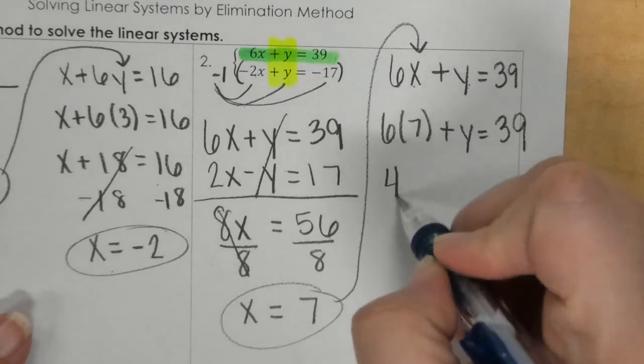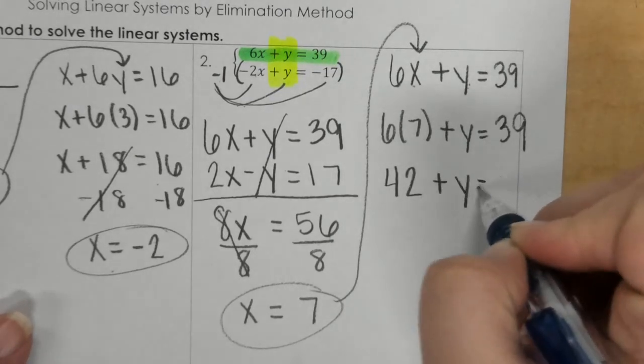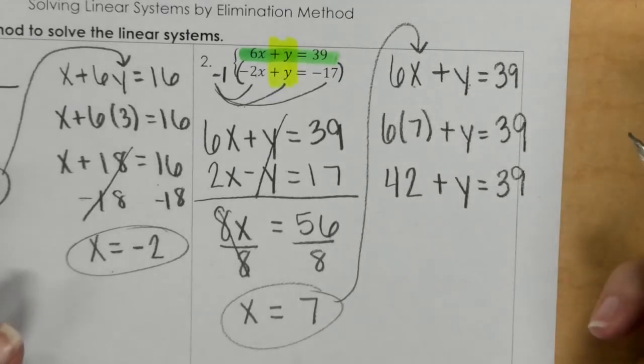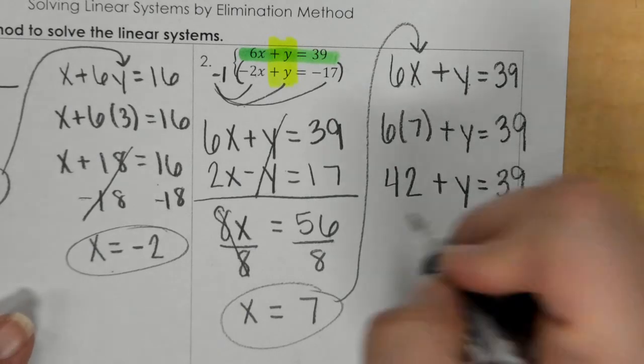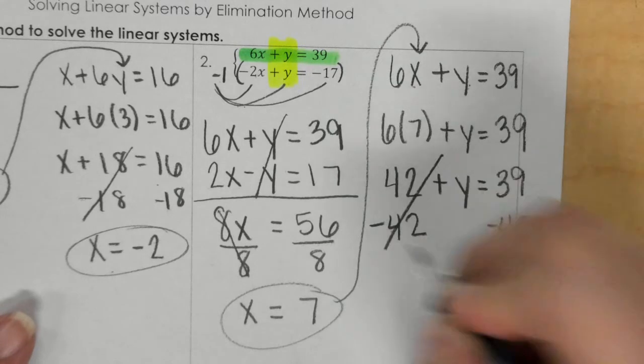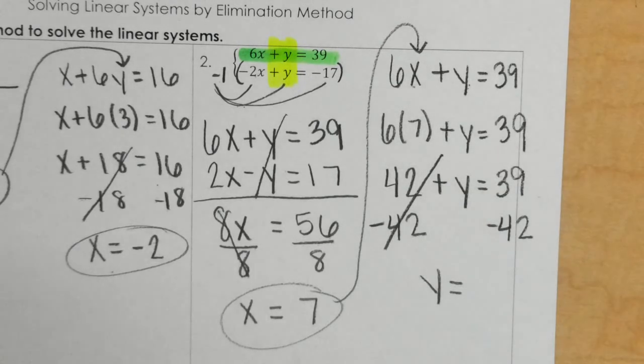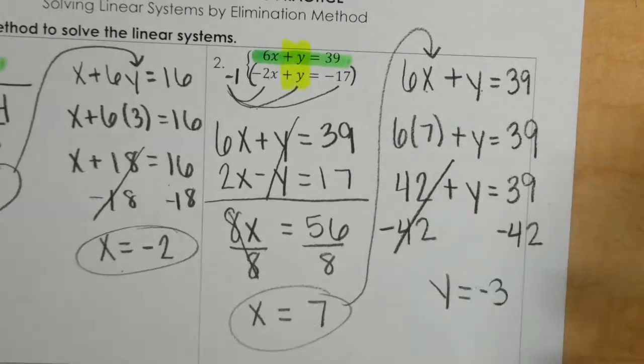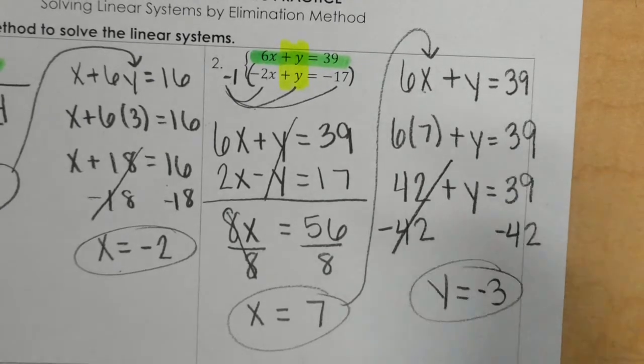This makes 42. My last step is to just subtract the 42 from both sides. And 39 minus 42 is negative 3. And that's my y.